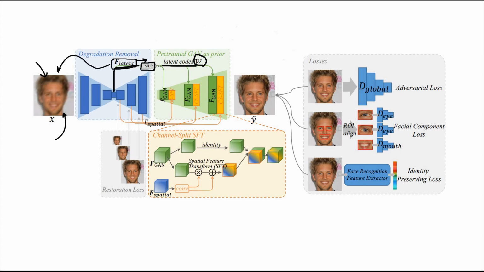StyleGAN needs latent codes. We will pass the first code to our StyleGAN. We will get this feature map from the StyleGAN, from the pre-trained layer inside this StyleGAN.